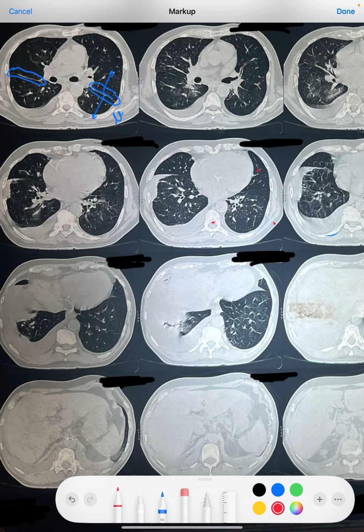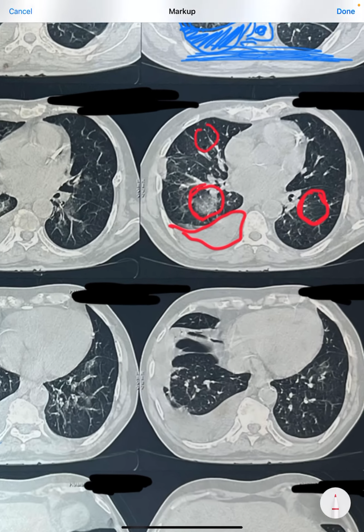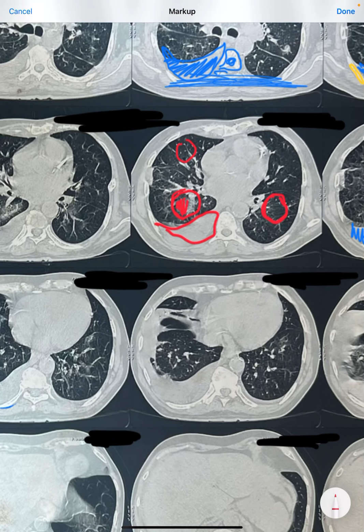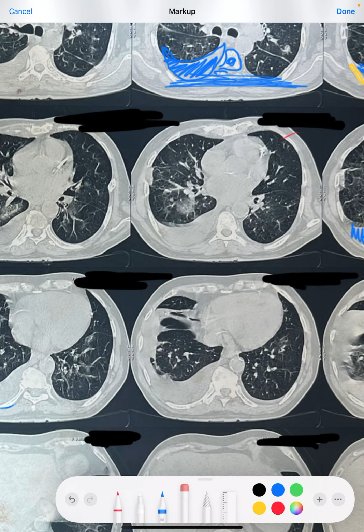We can very well see that there is no patch on this side or here, but here we can very easily see there is a patch, which suggests that the patient has active lower respiratory tract infection. That could be the cause for his pleural effusion.